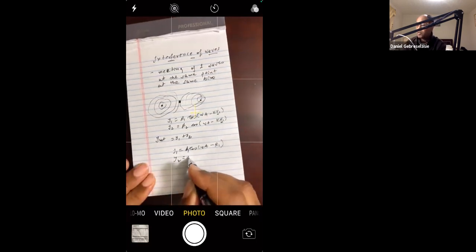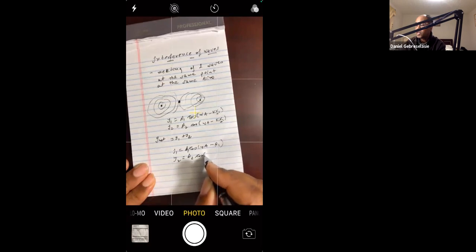So we're going to have two instructions. y1 is a1 cosine of omega t minus beta 1, and y2 would be a2 cosine of omega t minus beta 2, okay? Now we'll see later that the difference between these two phase angles plays an important role in the way the two waves are added, okay?